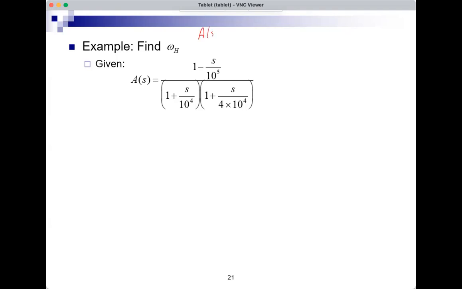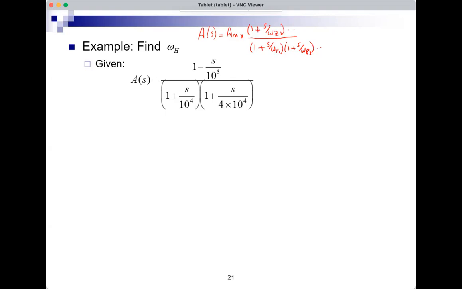A of s is A_M times a product of the form 1 plus s over omega z1 into other factors, divided by 1 plus s over omega p1, and we have a p2 here, and possibly other factors. This is the form that we have, and we can tell that A_M in this case is equal to 1.